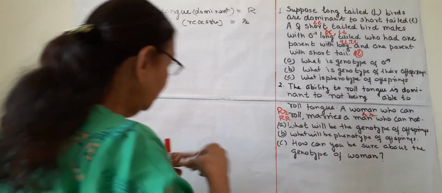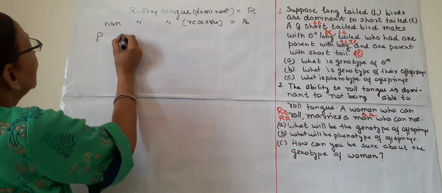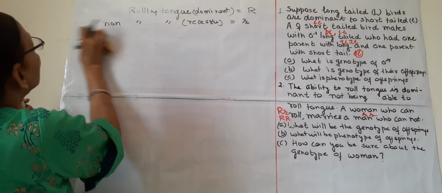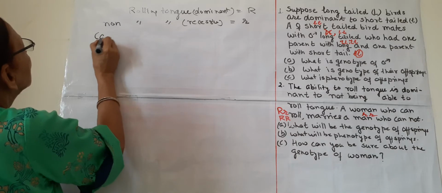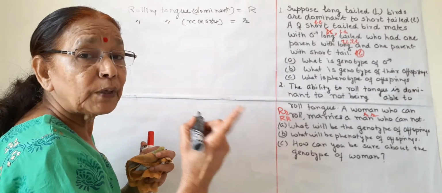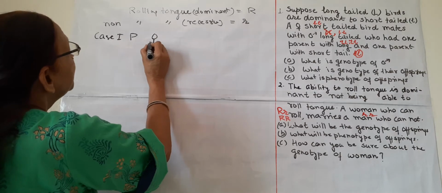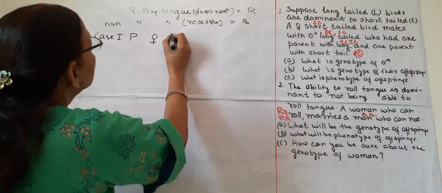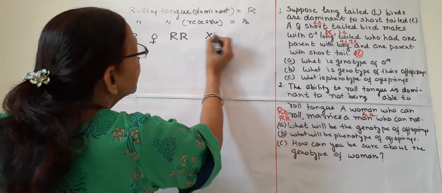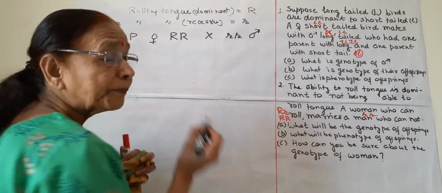So we are starting. First we will write parent generation or P. Here female, first we can write case 1. We will solve by taking both the genotypes one by one. So case 1, parental generation, this is female. Suppose I am taking first capital RR, it is crossed with a male having this phenotype and this genotype, rr.